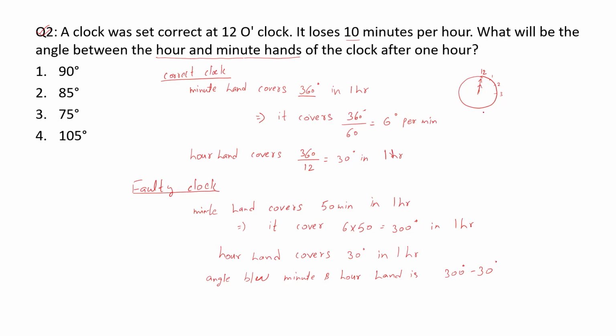Let me tell you. After 1 hour, in the correct clock, what would be the situation? Your minute hand would be at 12 and your hour hand would be on 1. But in the faulty clock, what is the situation after 1 hour?